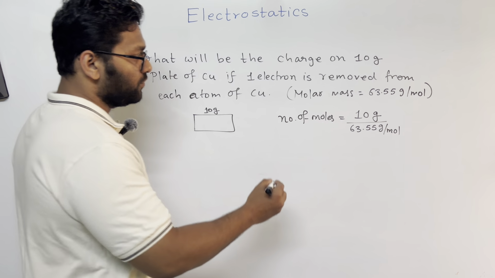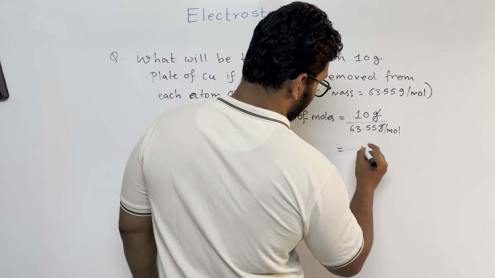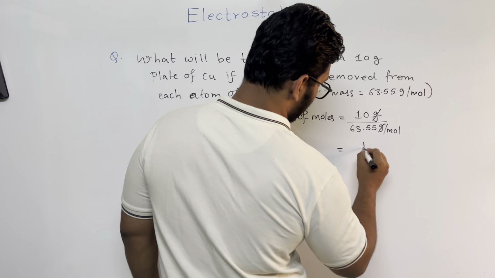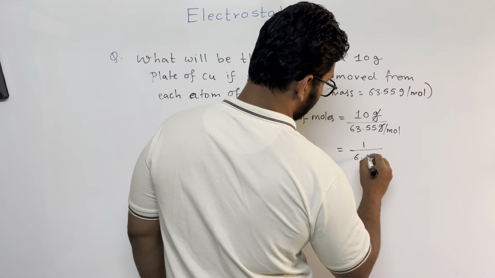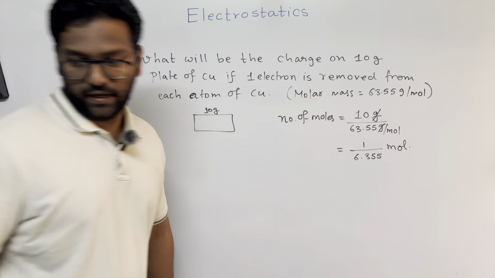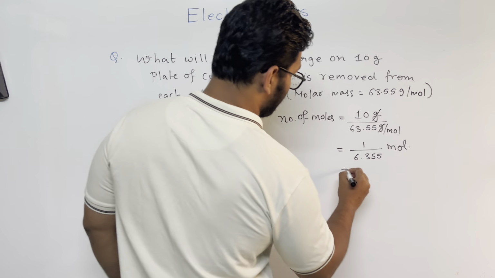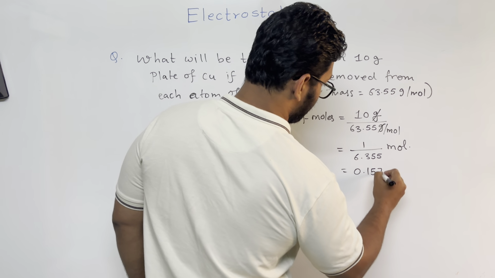Okay, so let's do this. 10 gram, so this gram will get cancelled. This will be 1 upon 6.355 mole. Okay, if we calculate that, it is 0.1574 mole. It is 0.1574 mole.